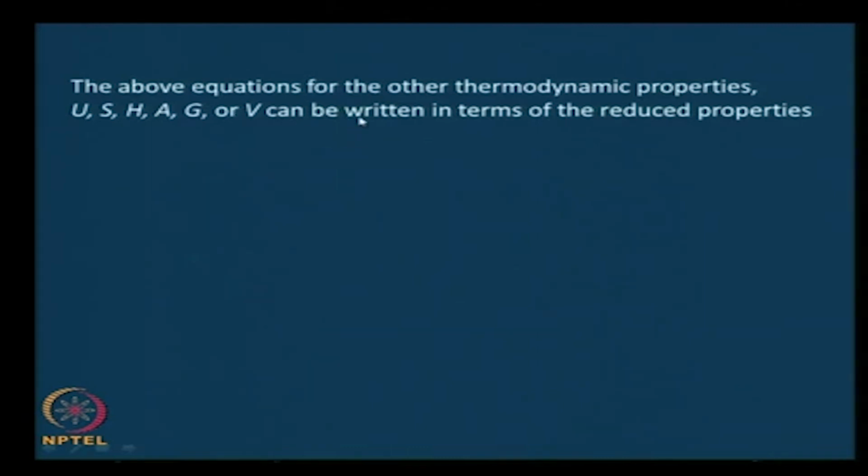The above equations for the thermodynamic properties U, S, H, A, G or V can be written in terms of reduced properties also, and therefore, the number of measurements or the number of data points that you need from existing values becomes much less, becomes much easier to evaluate.